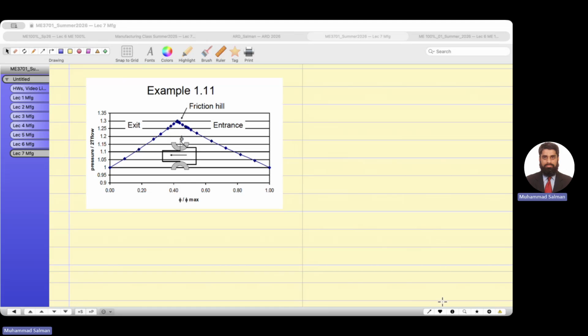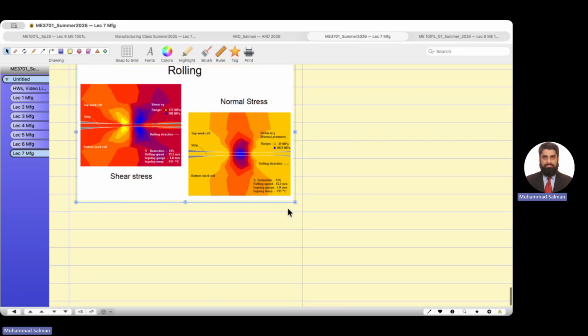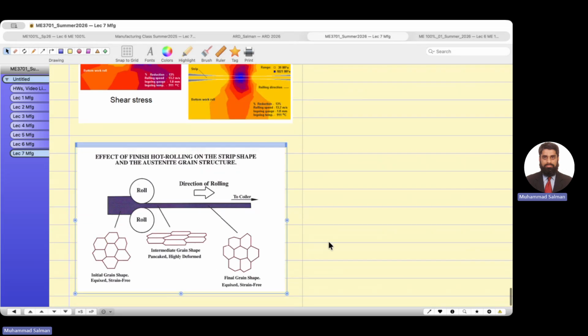Some of the defects you can create in the rolling, like shear stress, you will self-study these defects, okay? But during the rolling process, the strength increases, and after the rolling process the grains are more strain free.